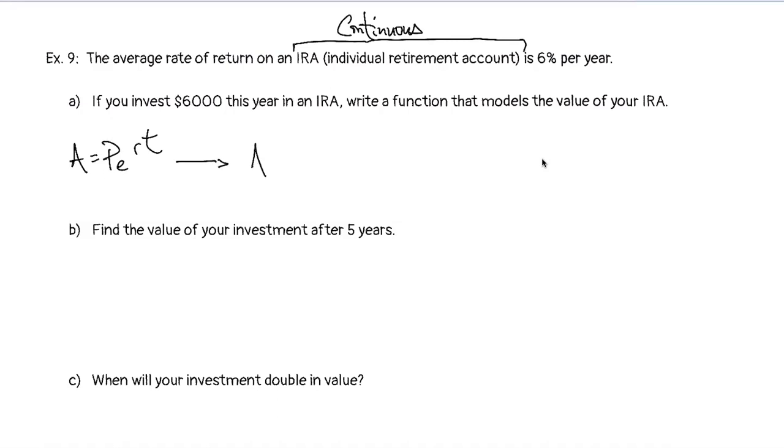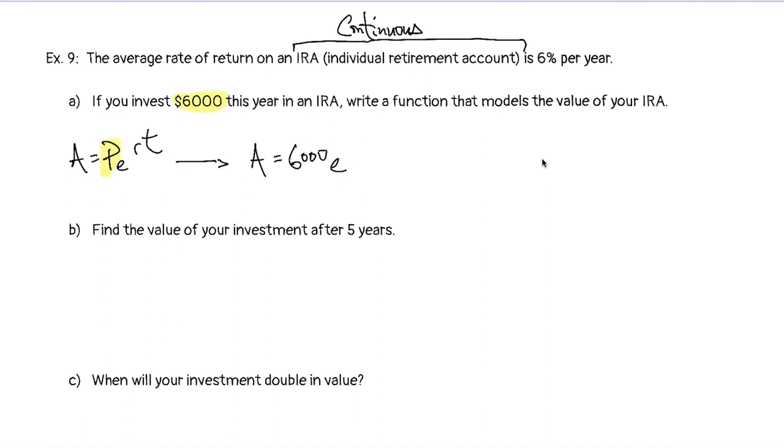Our P stands for the principal amount, but it's the same as your initial value, just a fancy financial term. So we can put a 6,000 here. The e is a constant, so we're going to keep it as an e.